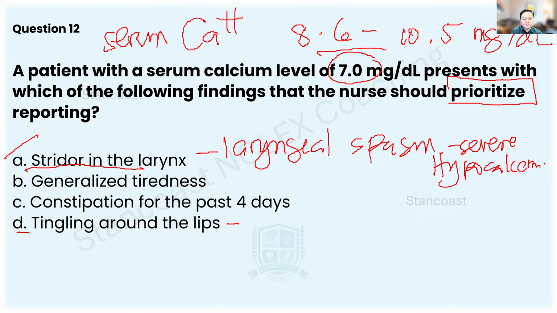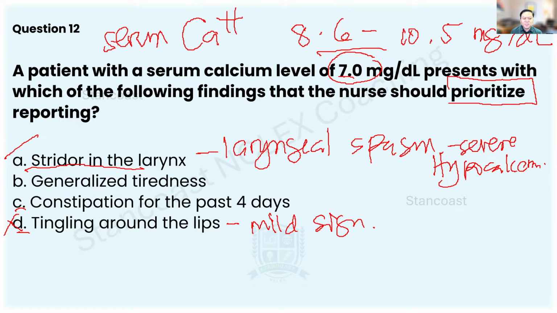Yeah, your patient's calcium level is very low. This one is a mild sign. It doesn't pose a life-threatening threat to your patient. So we are eliminating letter D. What about letter C? Constipation for the past 4 days. Is that life-threatening? It is not a critical symptom of hypocalcemia.